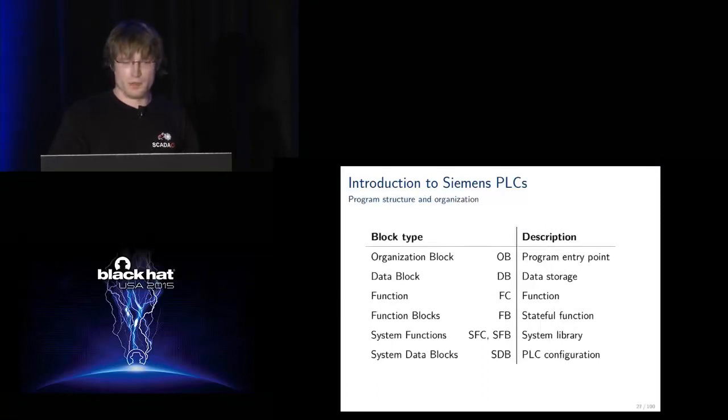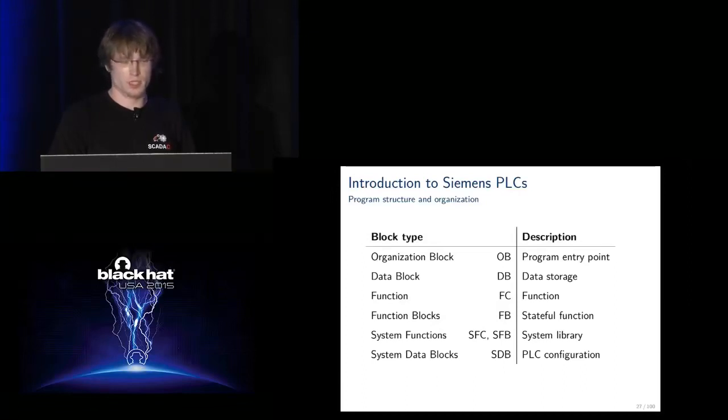Programs on a Siemens PLC consist of several blocks. A program has at least an organization block, which is the program entry point and is comparable to the main function in C. To store any data, the program can use data blocks to persist it. Additionally, we have, of course, functions which can have arguments and return values.